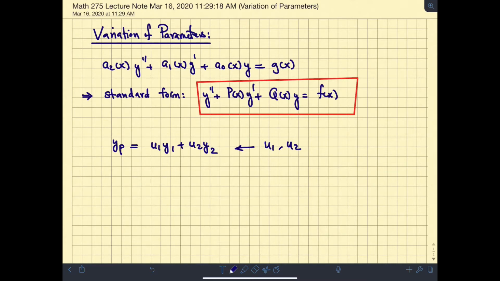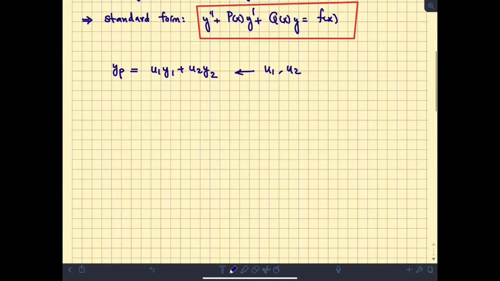Once you take appropriate derivatives of this particular function and substitute it into the differential equation and do the algebra and try to solve for u1 and u2, your effort leads you to the following system of equations: y1 u1 prime plus y2 u2 prime must equal 0, and y1 prime u1 prime plus y2 prime u2 prime equals f of x.